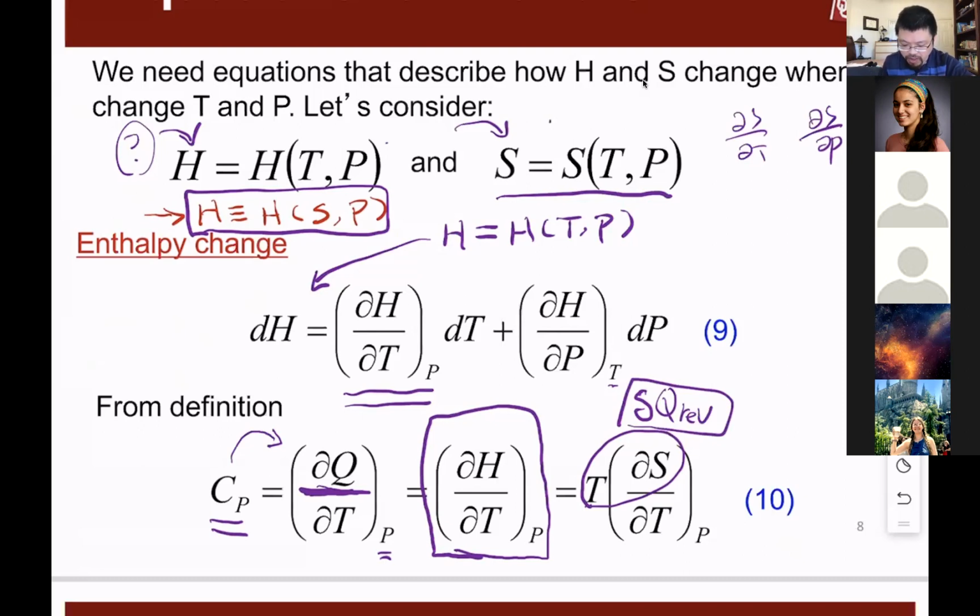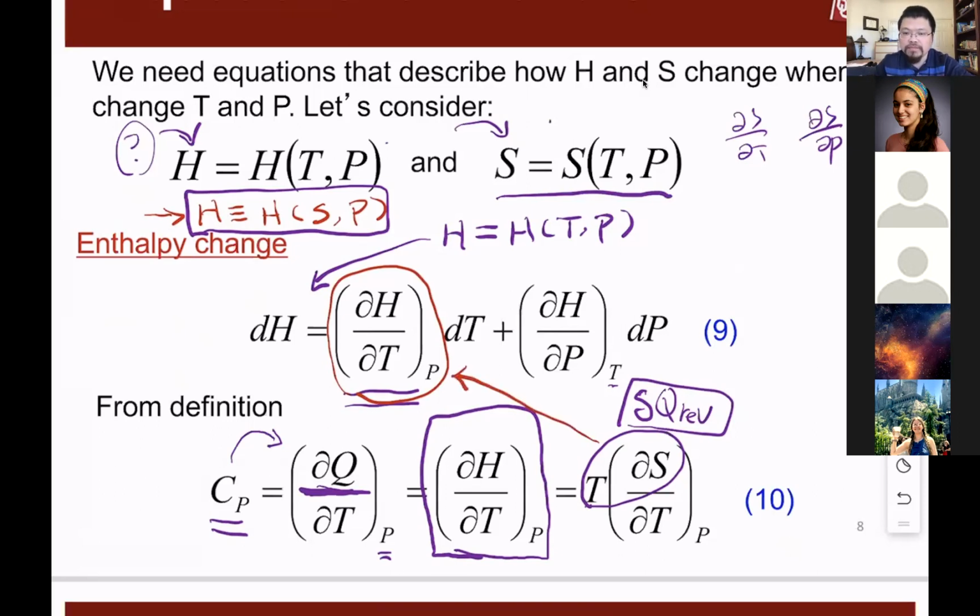So here we can say that using the Cp definition, using the reversible heat, using the entropy definition, we are able to write down the three equations in that equation 10. So at least for the time being, we are able to replace this partial derivative by T dS over dT, right? We are able to replace this term.